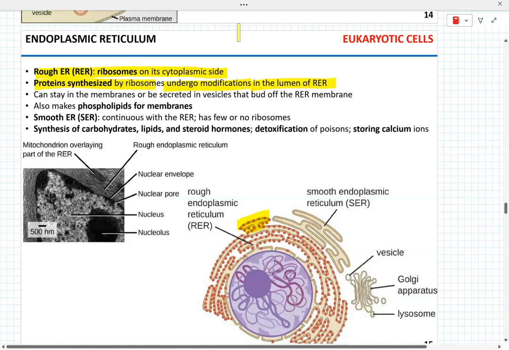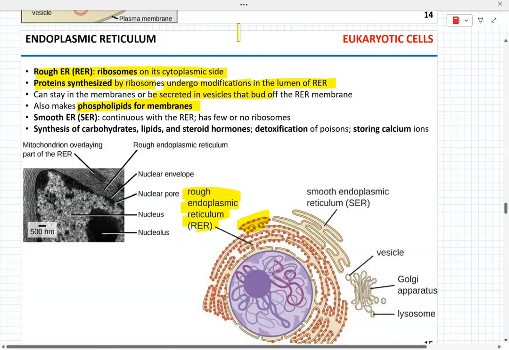These proteins can stay in the ER membrane or can be secreted by the vesicles that get released from the surface of the rough endoplasmic reticulum. Another important function of rough ER is to produce phospholipids for various cellular membranes.